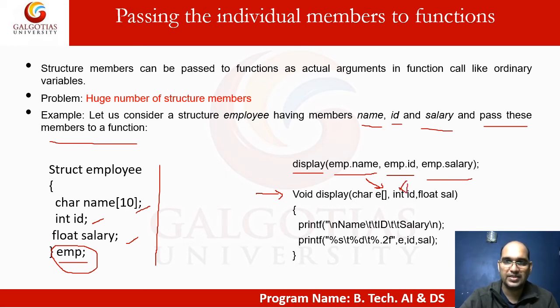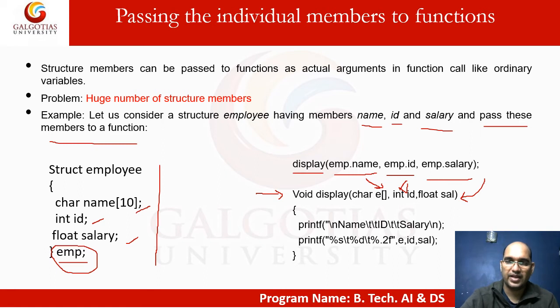Third one is EMP salary, which is of floating point type, so we have to tell that this is a floating point type. The value of EMP name will be copied to the character array E, the value of employee ID will be copied to ID, and the value of EMP salary will be copied to the SAL variable. So these 3 values will be copied into the display function.